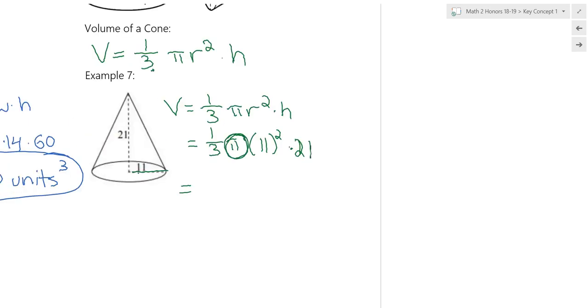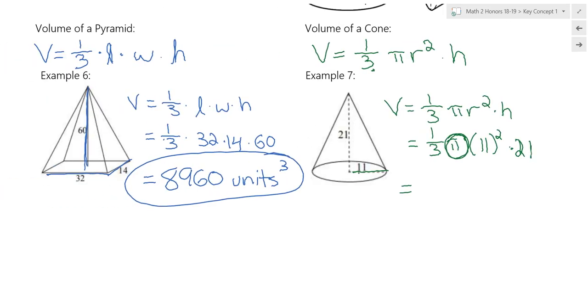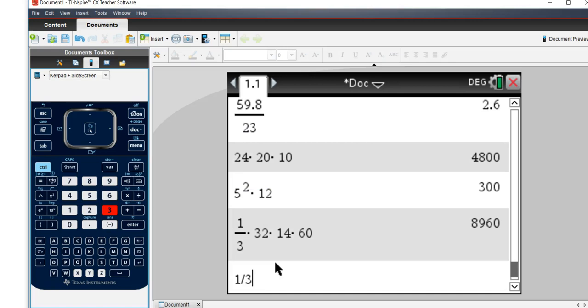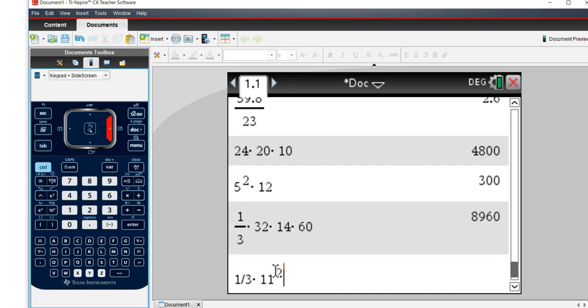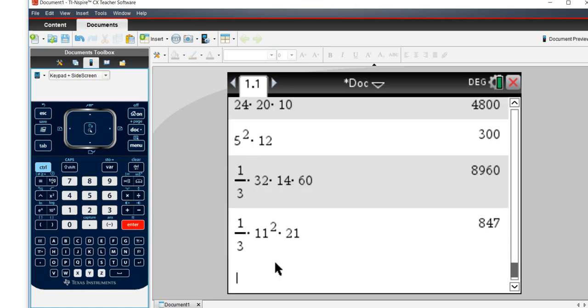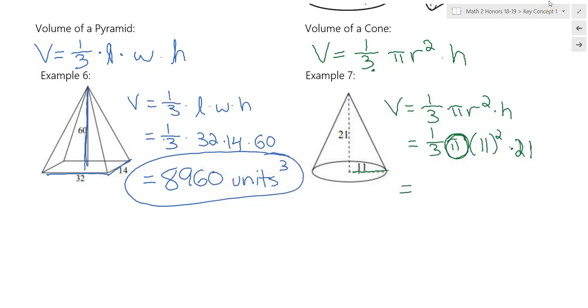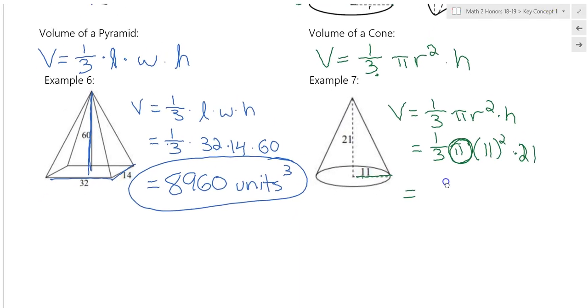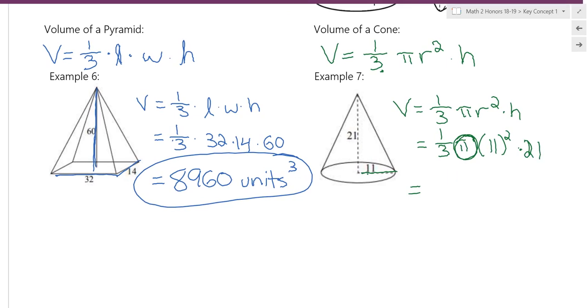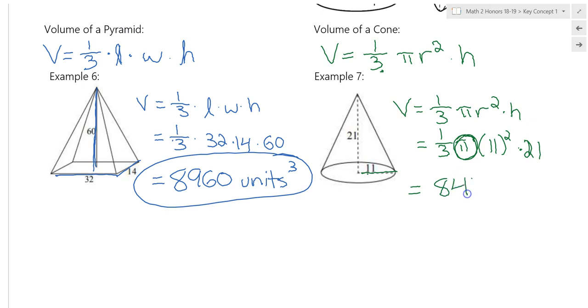So 1/3 times 11 squared times 21. And we get 847. Don't forget your pi. And then this is just units cubed.